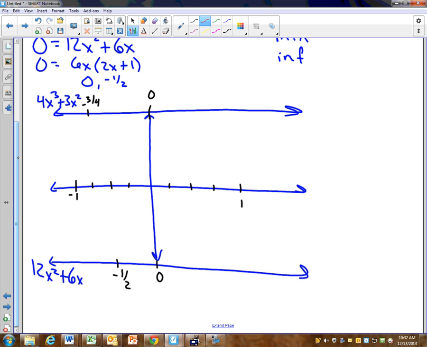What do you do now? Yep, do our positive negative thing. What's the number to the left of here that we can plug in? -1 to the third is -1 times 4 is -4 plus 3 is negative.